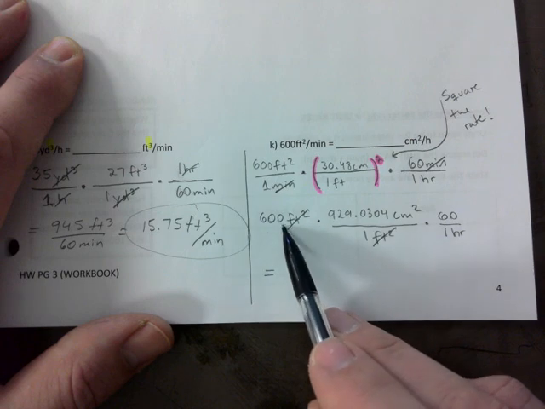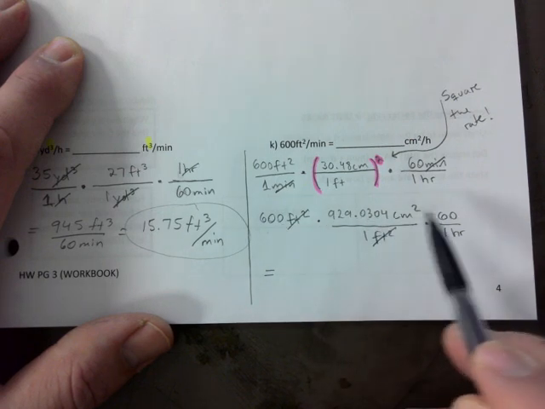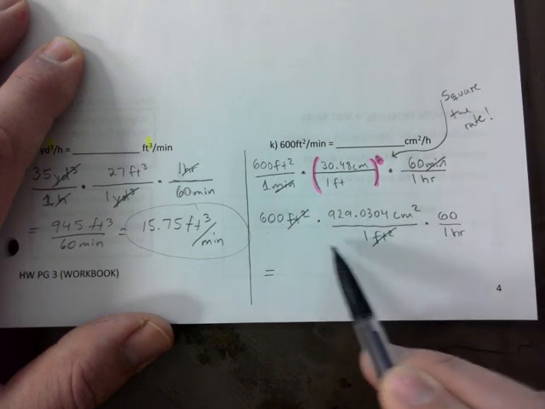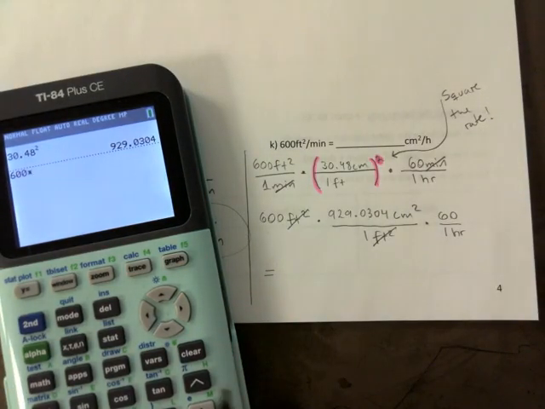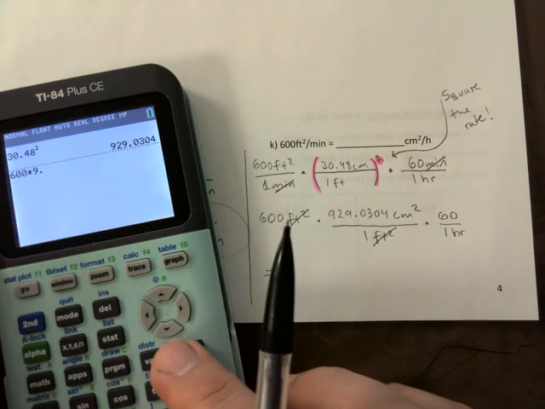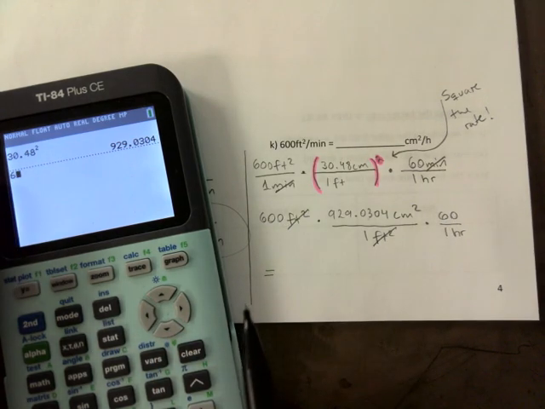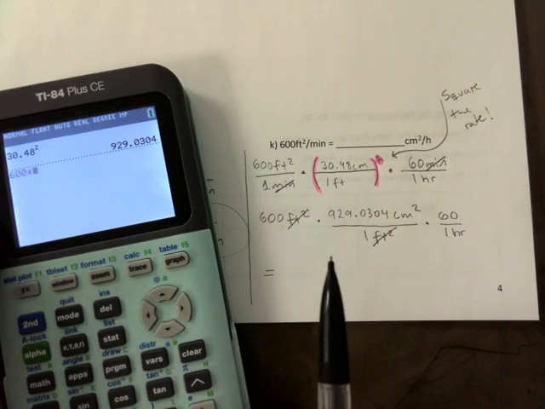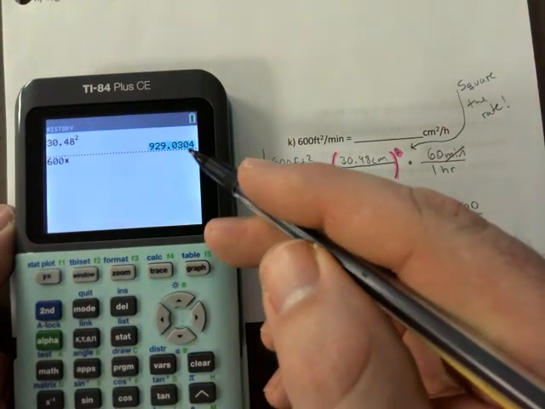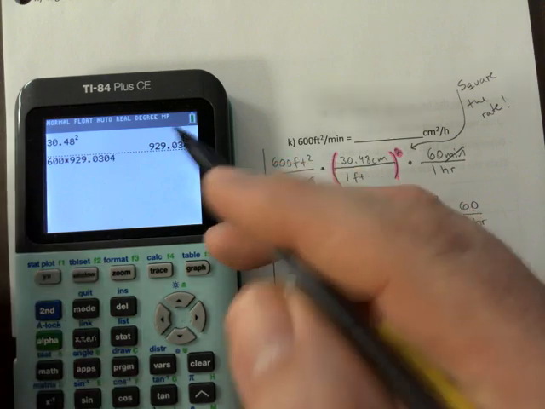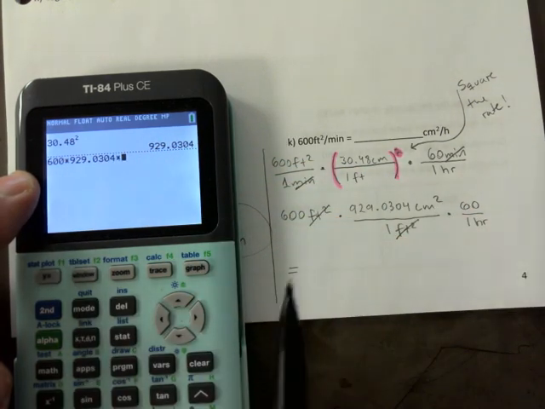It's basically just 600 times this times 60, because in the denominator, all you're left with is 1. So we're just going to go 600 times 9 point, oops. Watch what I can do with this calculator. I can go 600, you're going to do this in a bit, times, you just go arrow up and copy that number down. You hit enter, it plugs it right in there, and times 60.